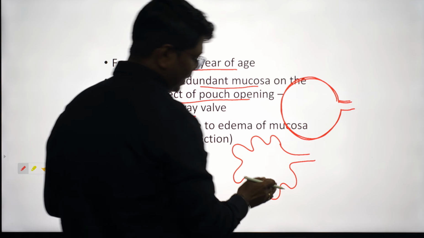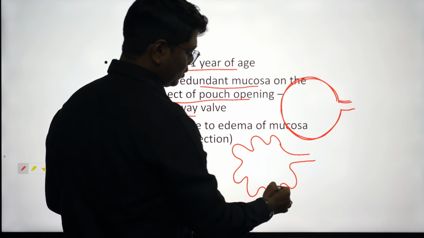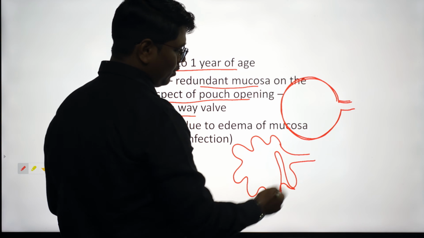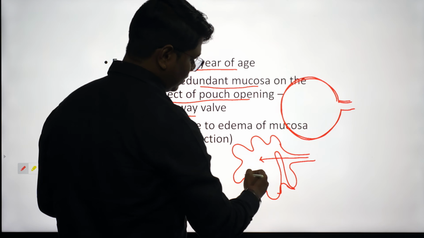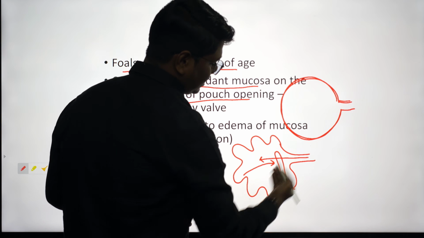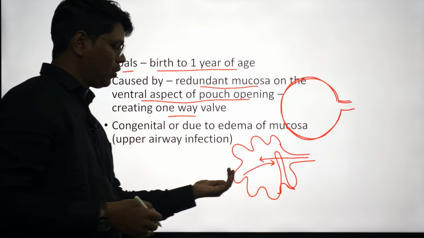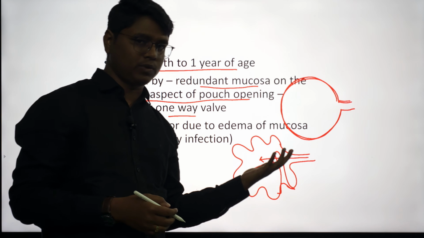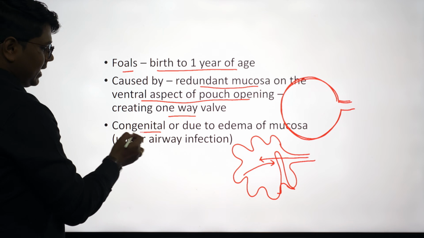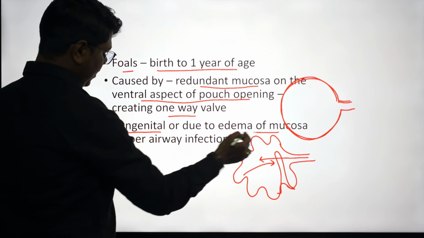Sometimes these folds can be very tortuous and it will be like this. So it will allow the air to pass, but when the air has to exit, it acts as a valve and blocks the outflow of air from the guttural pouch. So it causes tympany.